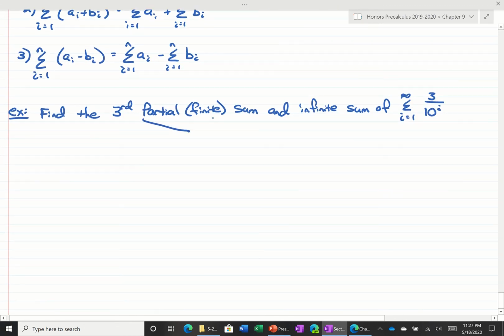So first let's find the partial sum. So that just means for the first 3 terms. Then we'll do the infinite sum.